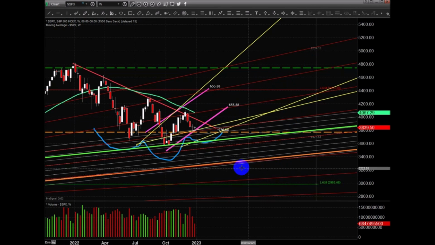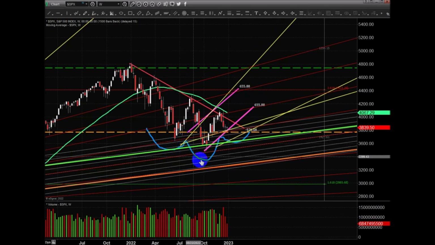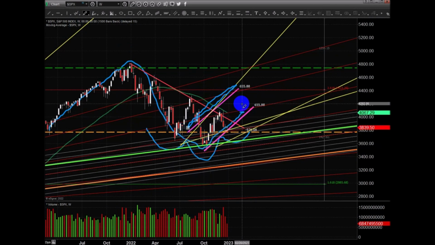Okay, what we want to highlight right now, ladies and gentlemen, is this inverted head and shoulders formation right here that is setting up, as well as the excess phase peak, which is a rally to a new high, a roll down to a subsequent base, and then we want a flagging formation to set up like this, which is really the A, B, C formation of an excess phase peak pattern.